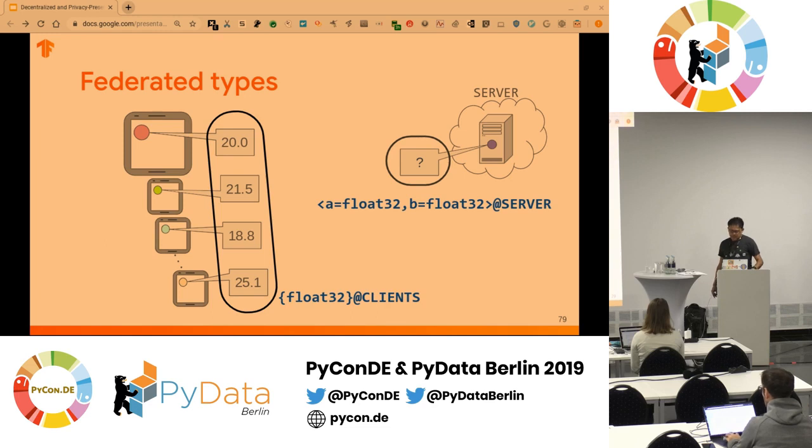In general, this is called a federated tuple. The float example that we saw is called a federated float. So we tend to use federated XYZ if the underlying type is XYZ. Like this is a federated tuple, that's a federated float, and so on and so forth.